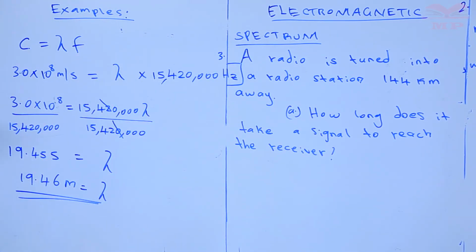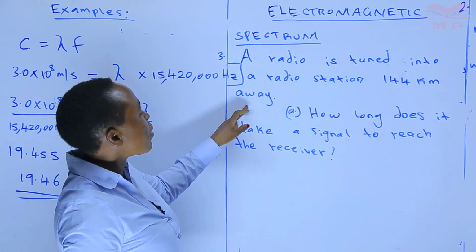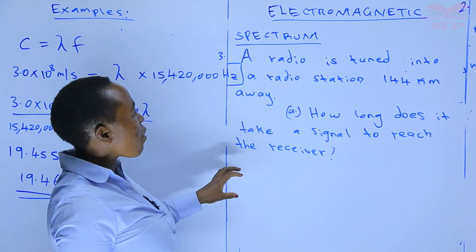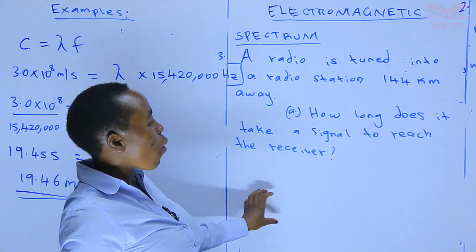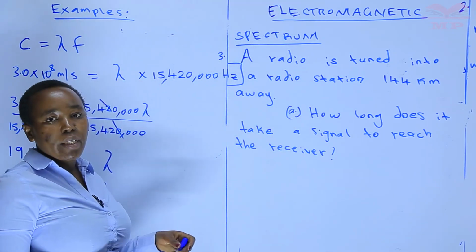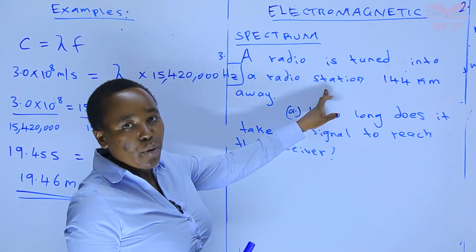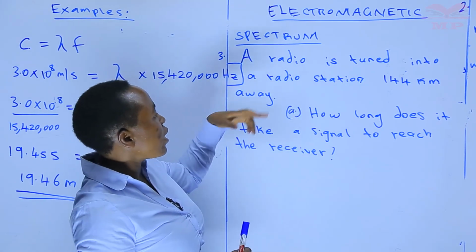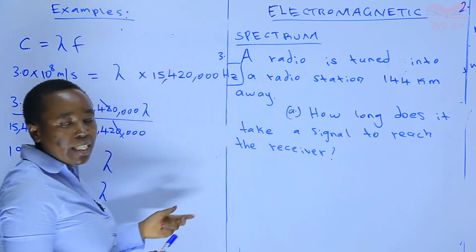A radio is tuned into a radio station 144 kilometers away. So here we are having a radio which is being tuned, and it is 144 kilometers away from the radio station. In this radio station, this is where the radio waves are produced. They are being transmitted, then they are received in the receiver, that's in the radio.